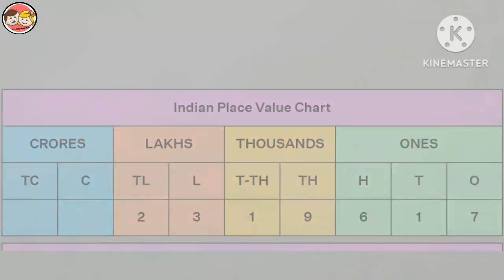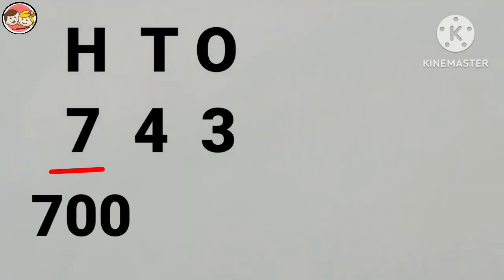For example, the number is 743. So the place value of 7 in 743 is 700. However, the place value of 7 in 572 is 7 tens or 70.